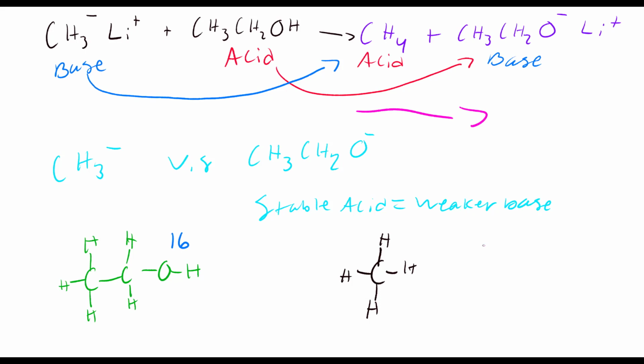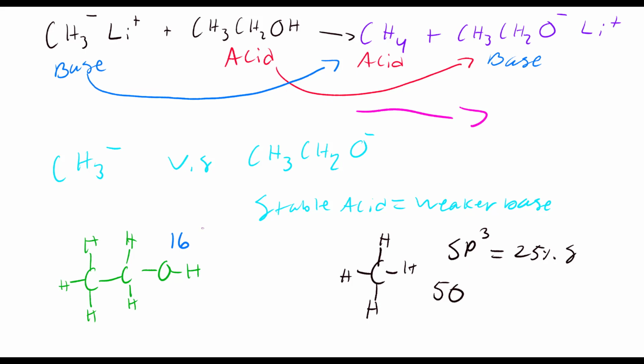There are 4 things surrounding us, therefore we have an sp3. And when we have an sp3, we only have 25% s character. And that is the lowest s character possible, right? So that must mean that we are not a very good acid. In fact, the pKa is going to be 50. It's super, super weak. That means it's a very good base.